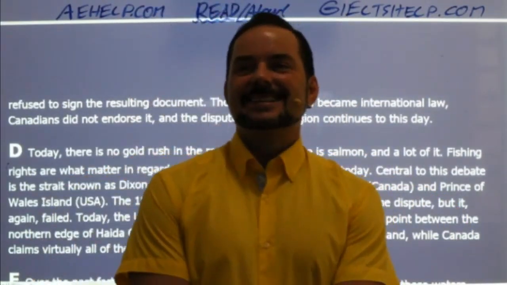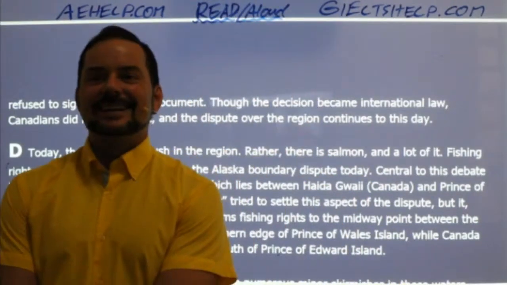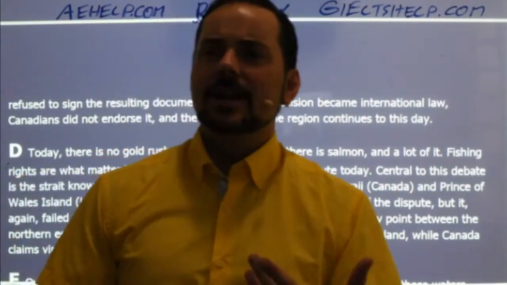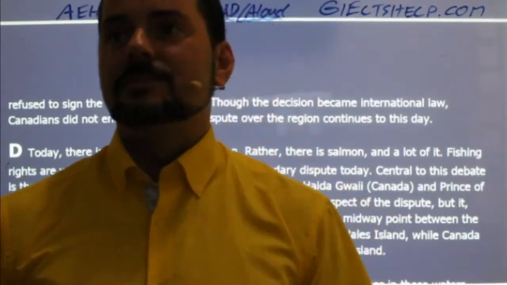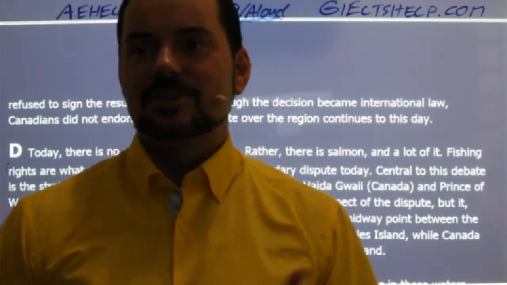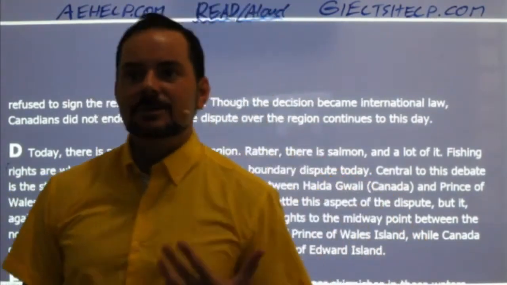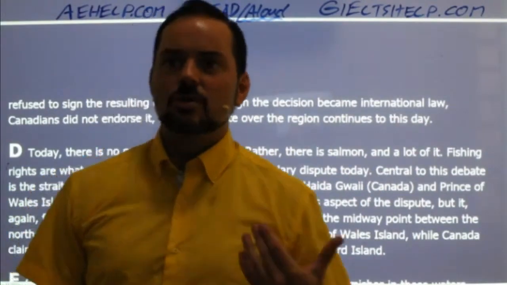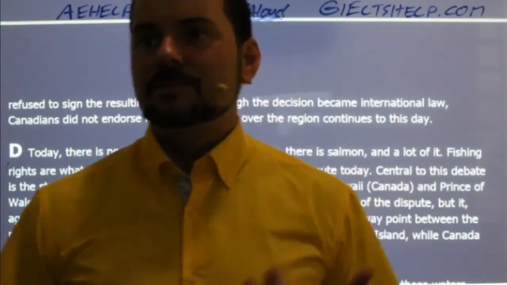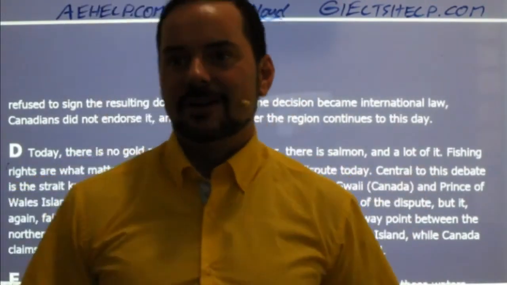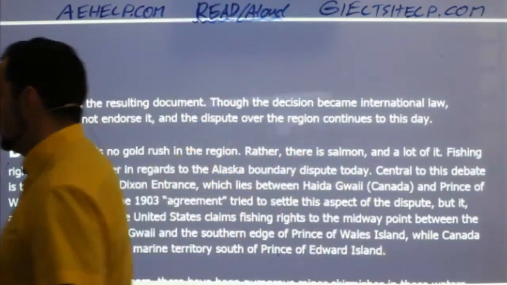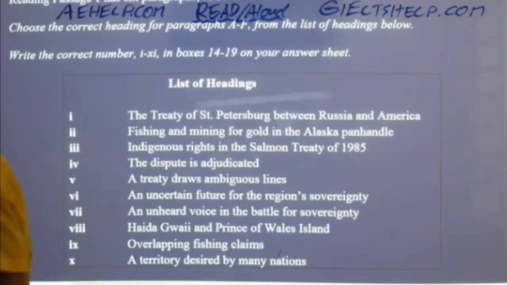Okay, Amanjad says it's a dispute between Canada and United States. Amanjad, I would agree with you. It's an ongoing dispute between Canada and United States over the borders. Okay. Abhishek says the continuing dispute over the control over the coastal areas. Yeah. All right. So let's see which one of these matches the most, okay?